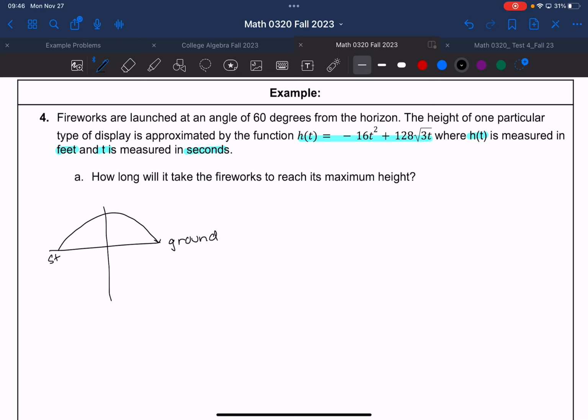Okay, so this is the start, this is the end. Okay. If it's saying how long will it take the fireworks to reach its max height, that max height right here is another name for what? The vertex.